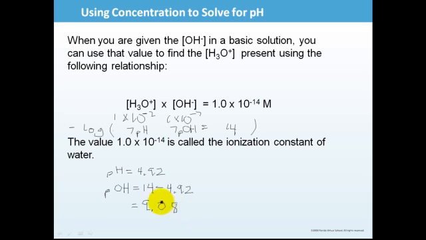Now that same type of reasoning works for concentrations.